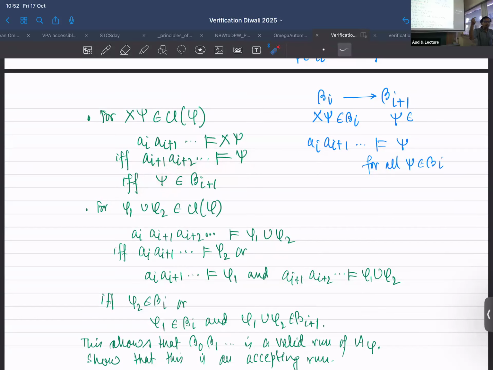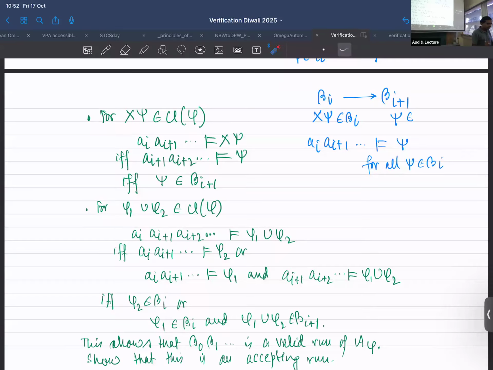And by the construction of the automaton, there is such a transition from beta i to beta i plus 1, where if you have xi and psi here, then there is a transition. So if xi belongs to beta i, then we have such a valid transition.